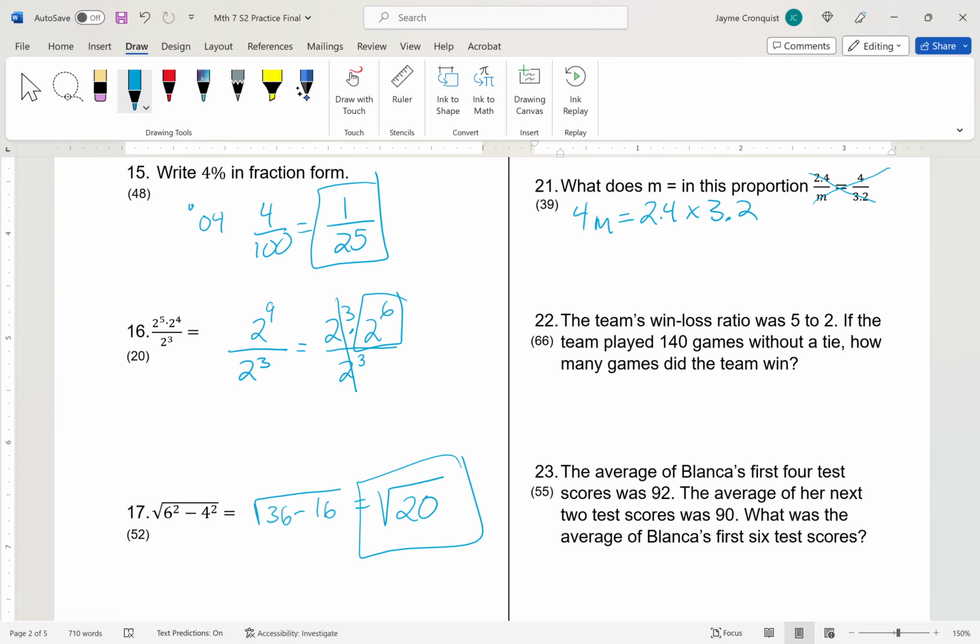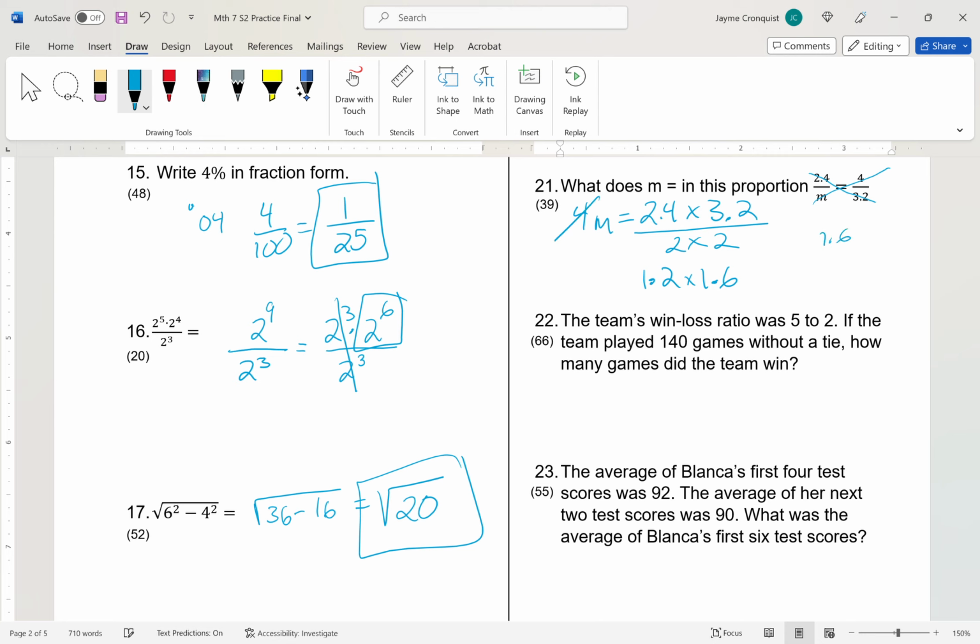Now you could work that out the long way, but what might be easier first, if I'm dividing this by 4, I'm actually dividing it by 2 times 2, which is 4, right? Well, 2.4 divided by 2 is 1.2. 3.2 divided by 2 is 1.6. Now I can multiply those and it makes my life a little bit easier.